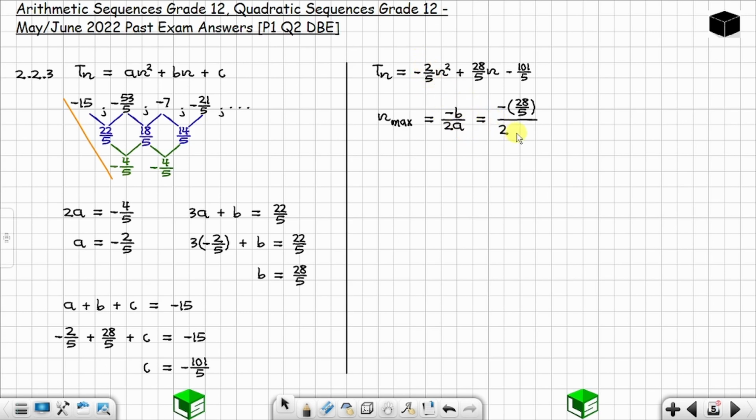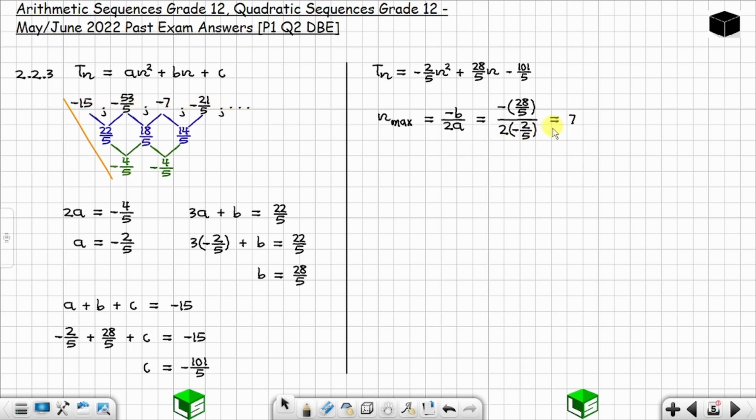When you plug this in your calculator, you are going to get 7. You can pause the video and check it. So this is the value of n that is going to give us a maximum value in the quadratic number pattern.